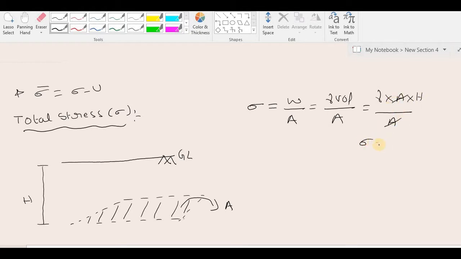Area gets cancelled and we get total stress sigma equal to gamma h.